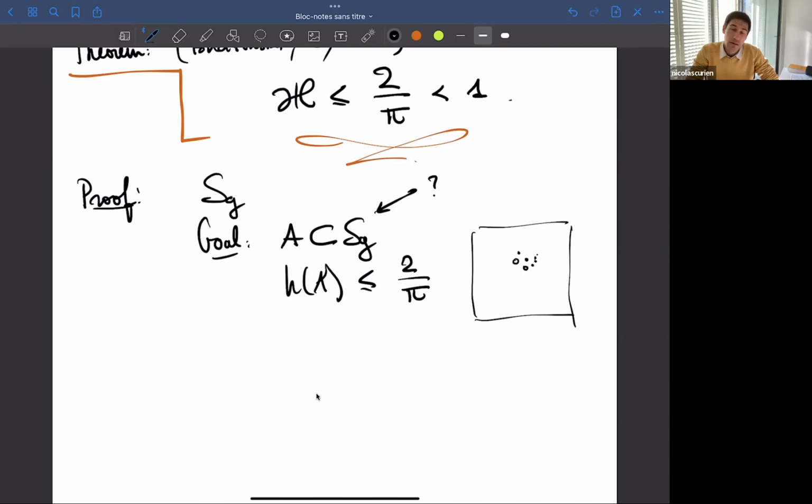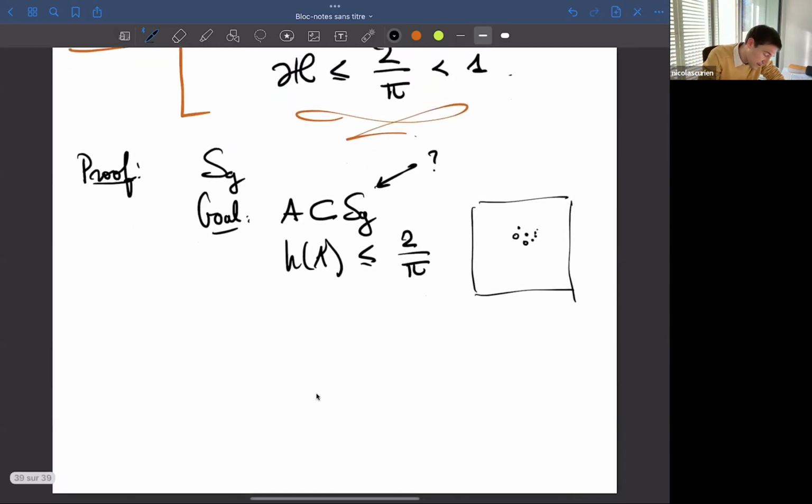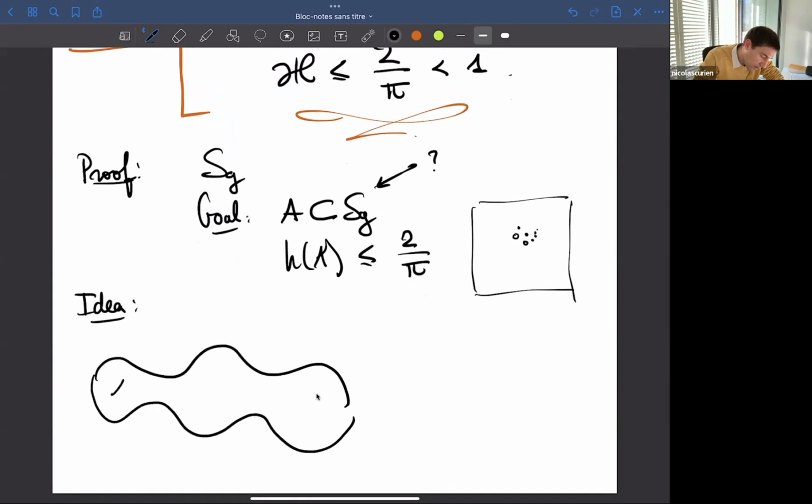Here, we need to use probability again to cut your surface into packets. So what is the idea? The idea will be to cut your surface into packets using random points. So what you will do is you will sample lambda, which will be small, tending to 0, lambda times the size of your surface, points. Okay, so you have points.